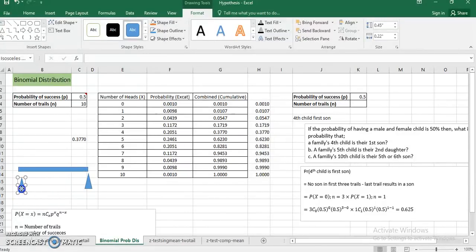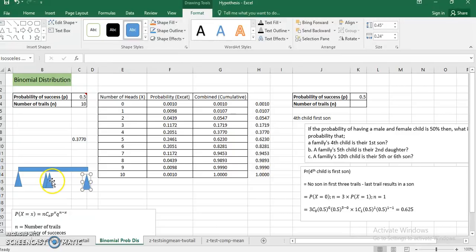The first one is about the probability of 0 heads. The second pointer is, let's say, the probability of 5 heads. And right after that starts 6 heads, and this is the probability of getting 10 heads.